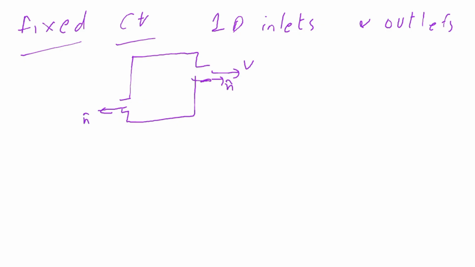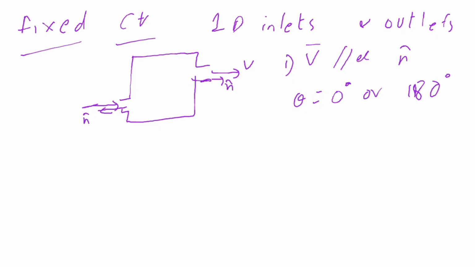So let's say you have mass coming in here, and here the mass is going out. One of the criteria for an inlet and outlet to be 1D is that the velocity vector is parallel to the normal vector, so theta is either 0 degrees or 180 degrees, right?